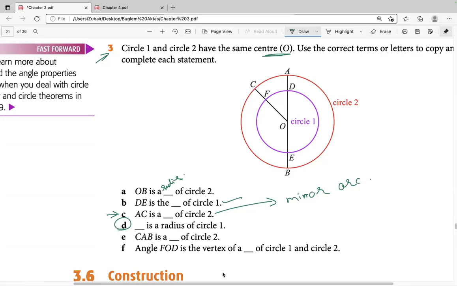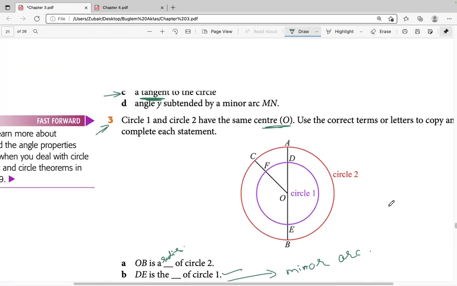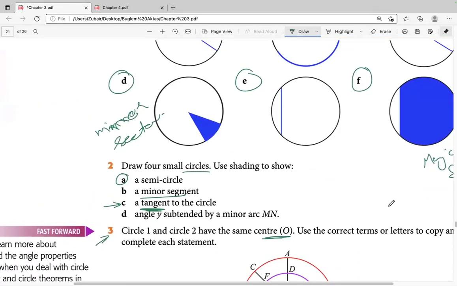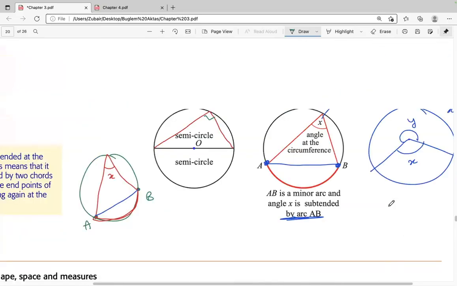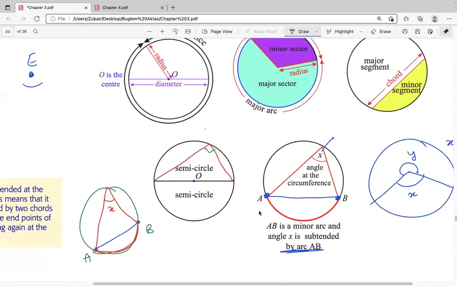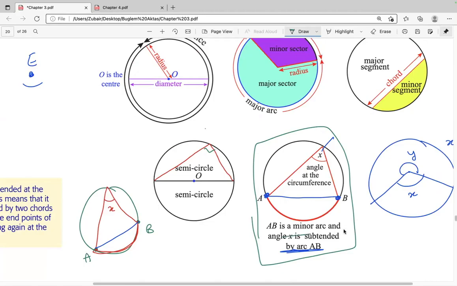Why does it include C? Okay, look at this shape. It is talking about this. AB is the minor arc and the angle is subtended by the arc.